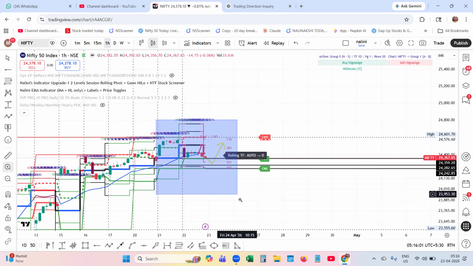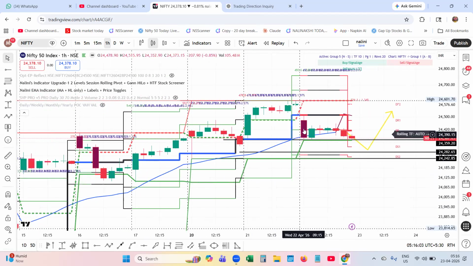Here it is gapping down, within the area of the current week low. Current week low should not be breached. That means Monday's low, this is Monday's low, that is, you can see 24,241.